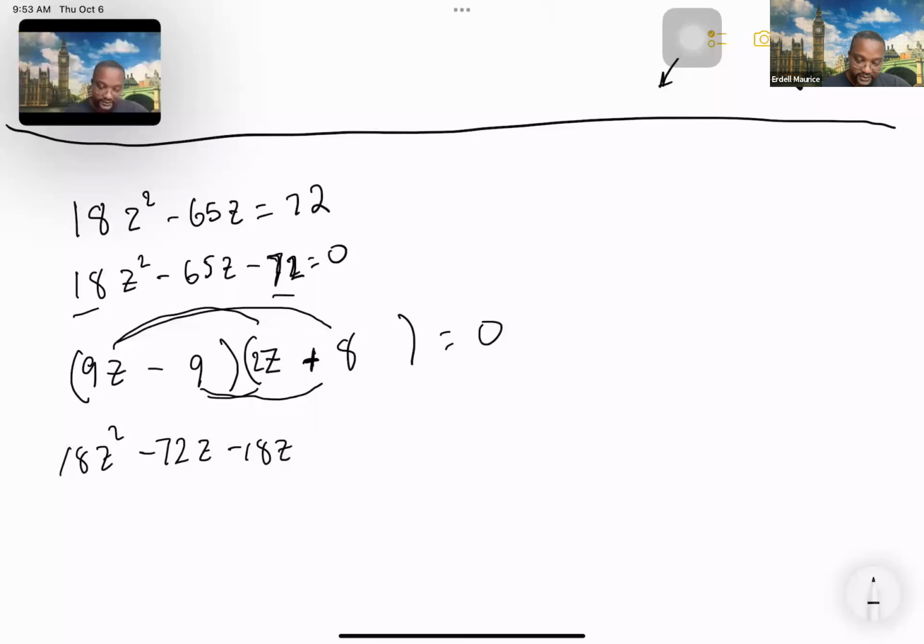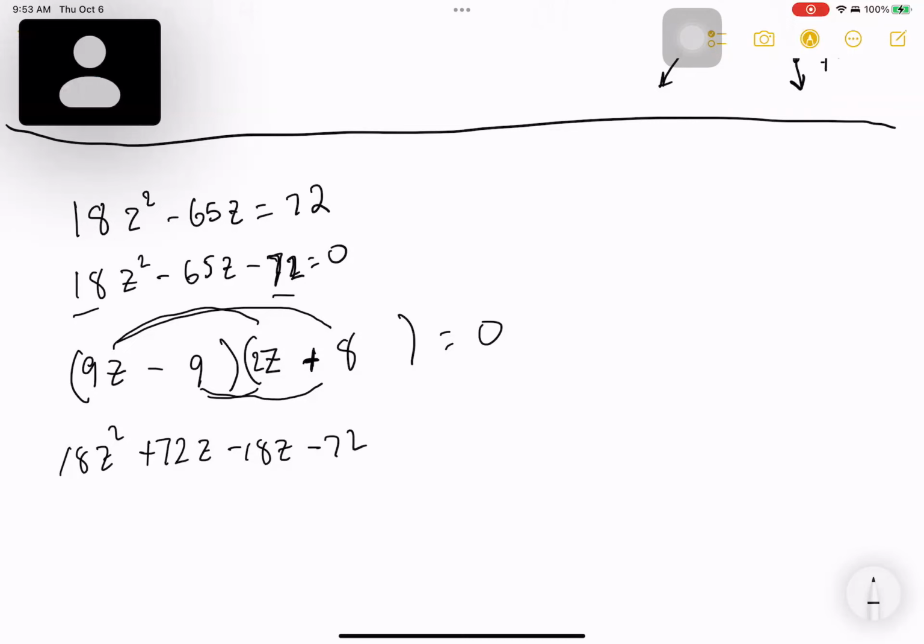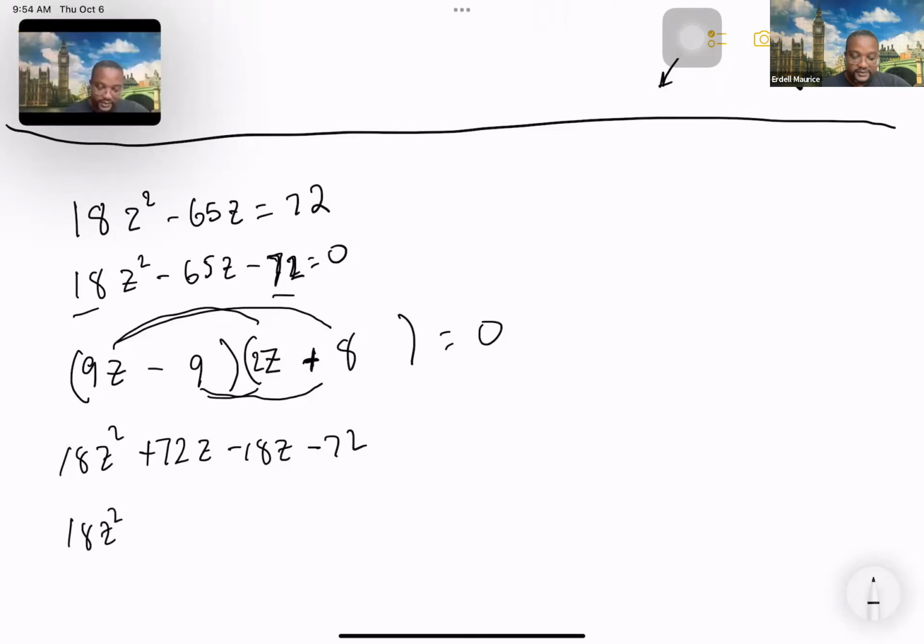So 9 times 8, that's plus 72. 9 times 2 is 18, and then that's going to be minus 72. Now, does that give me negative 65? 18z squared, plus 54z, minus 72. All right, so you see, this guess is wrong because I didn't get negative 65.